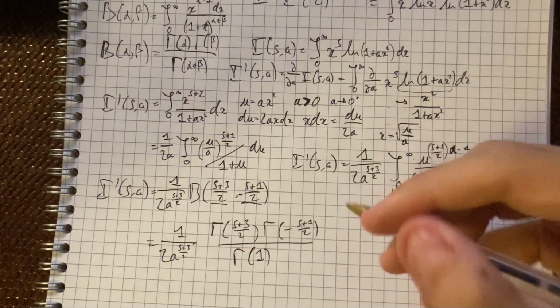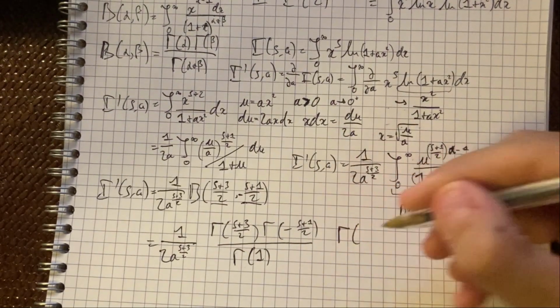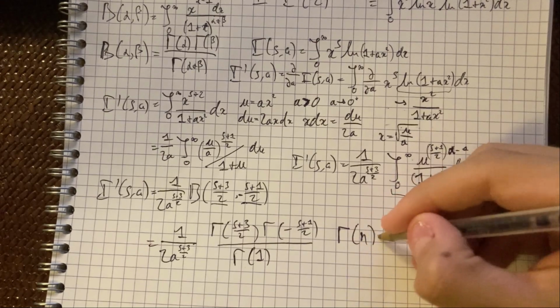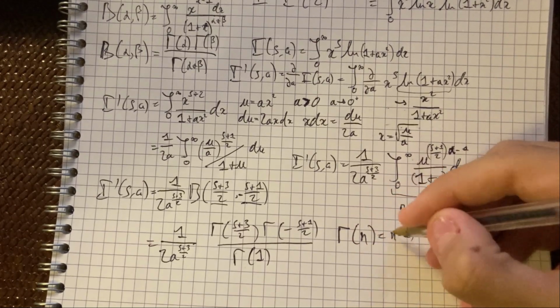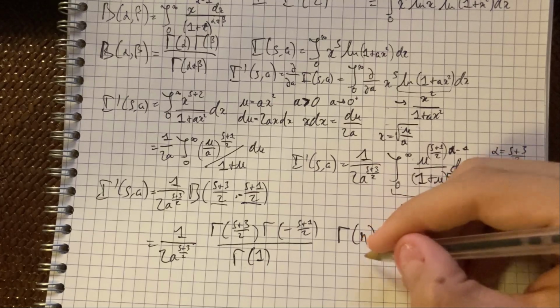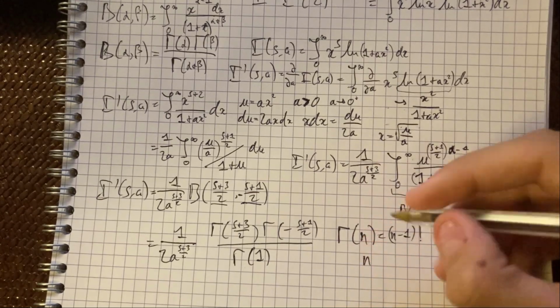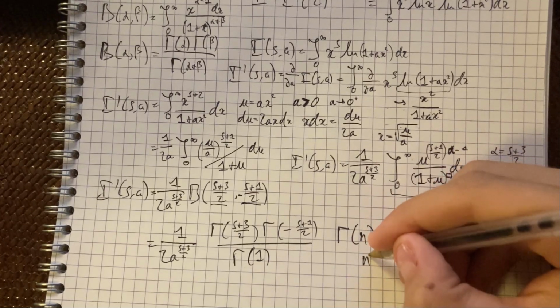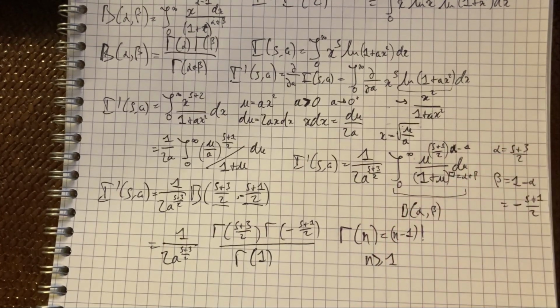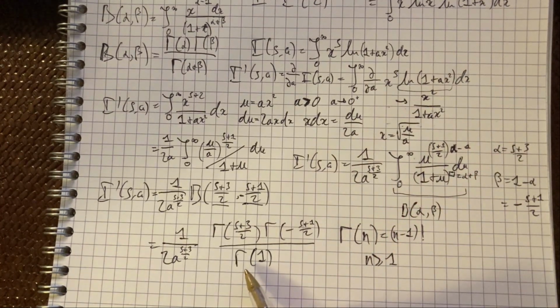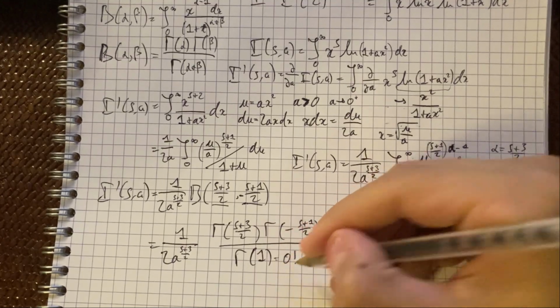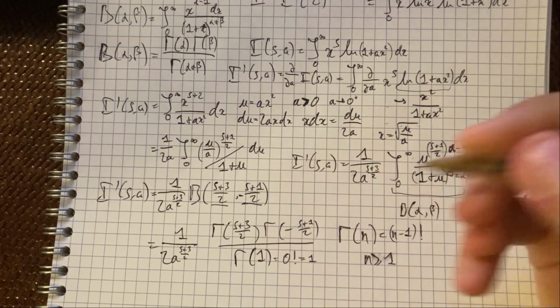And we know that gamma n equals n minus 1 factorial for n starting at 1. So here gamma 1 is just 0 factorial, which is 1.